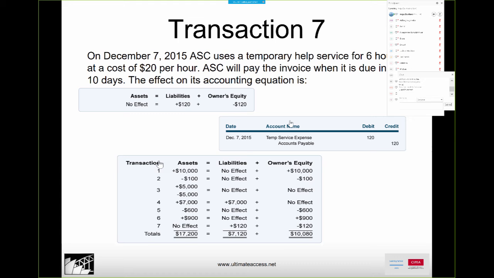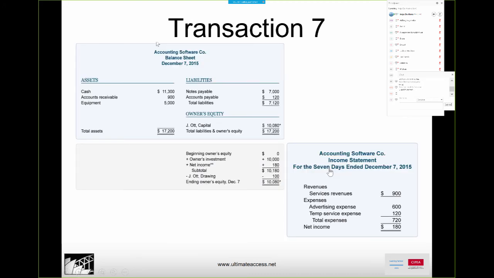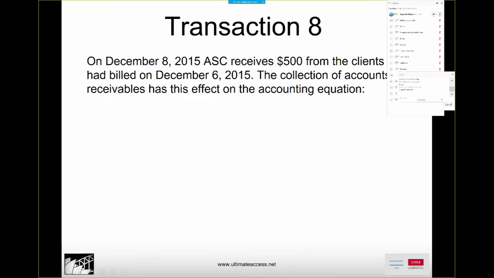Right, now this is going to be the last one. Transaction number 8. What do you think this is? ASC receives 500 from the client it had billed in December.